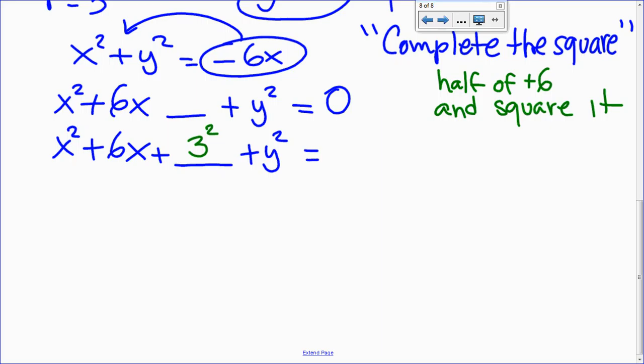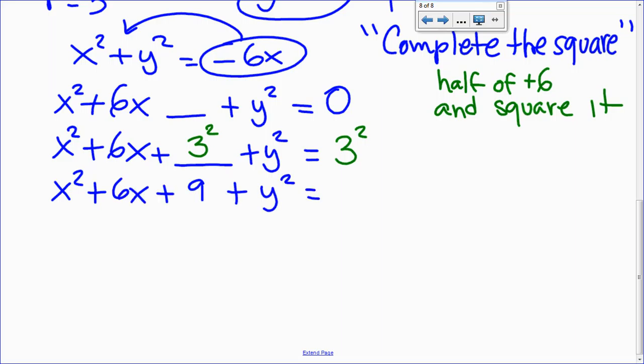Now, since we added 3 squared to the left, we must add it to the right as well, like that. And this is x squared plus 6x plus 9 plus y squared is equal to 9.